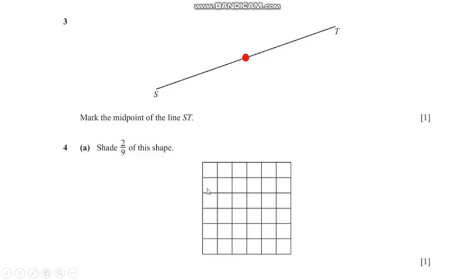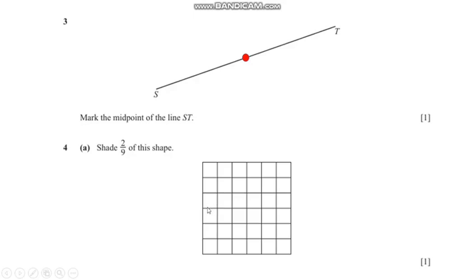So we have row 1, row 2, row 3, row 4, row 5, row 6. Again, we have the columns 1, 2, 3, 4, 5, 6. So if you want to count the total number of squares, you multiply 6 times 6. So the total number of squares is going to be what? 36 squares.